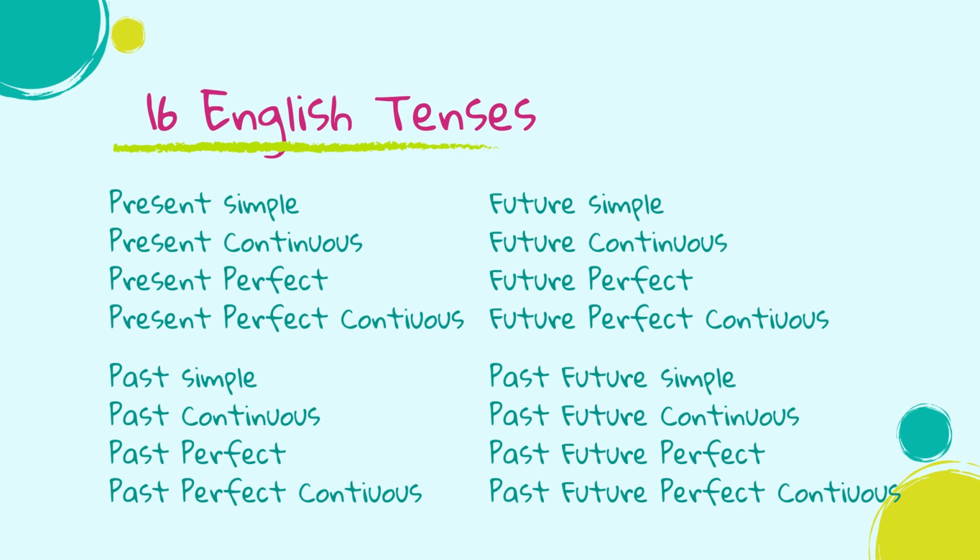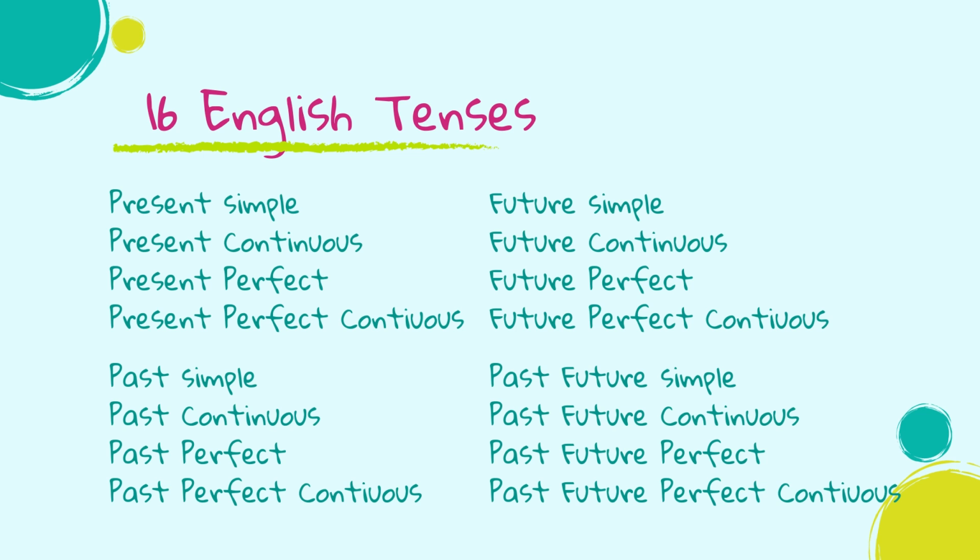In this video, we are not going to study how to use the 16 English tenses, and we are not going to study how to compose sentences in the 16 English tenses. This is only our guide to remind us about the sentences that we are going to change into passive.